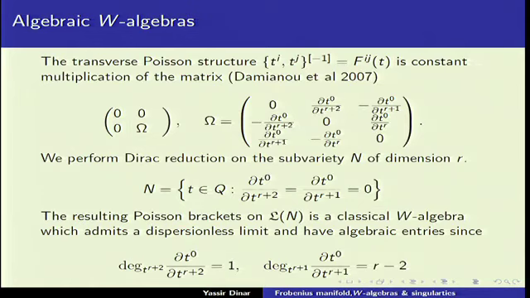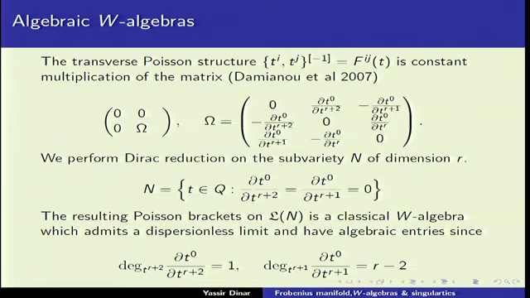Using these coordinates, we find that the leading term of the transversal Poisson structure is almost zero except for this 3 by 3 matrix, which is a standard Poisson bracket of degree 3, defined by this variable T0.